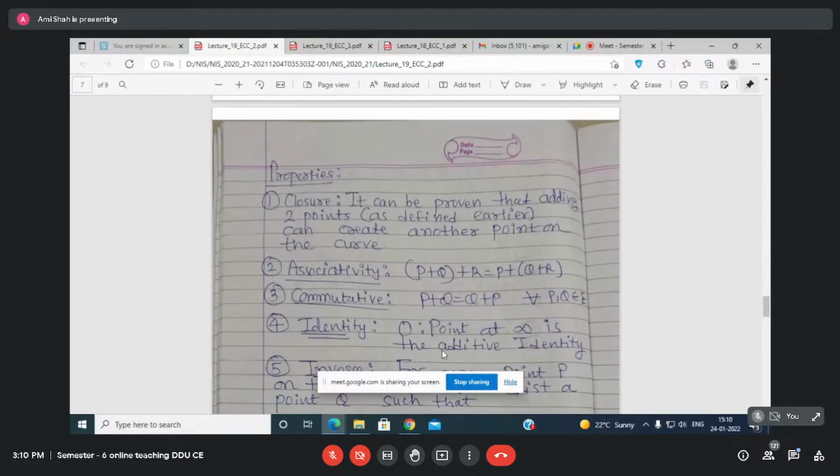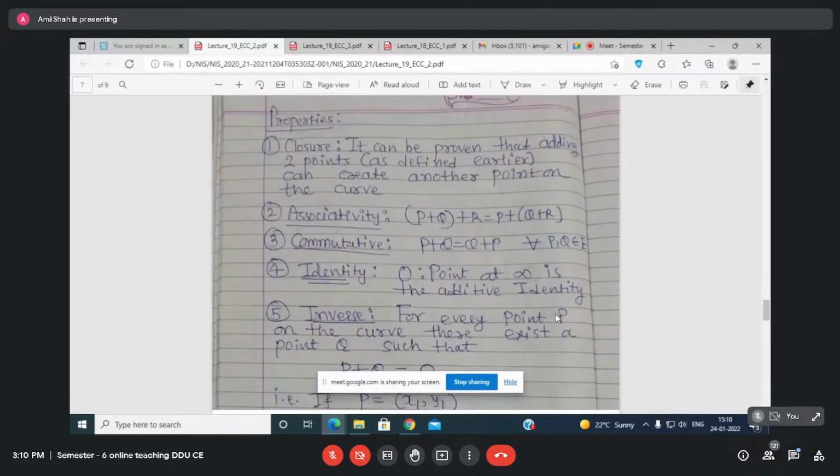That we have already seen. So if you are adding 2 points, it creates another point on the curve, so the closure property is satisfied. What is associative? If you are adding the 2 points, P plus Q, you have to consider P and Q as points, right? So the associative property is satisfied, as well as the commutative property.